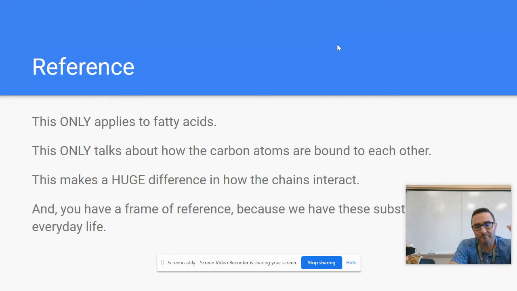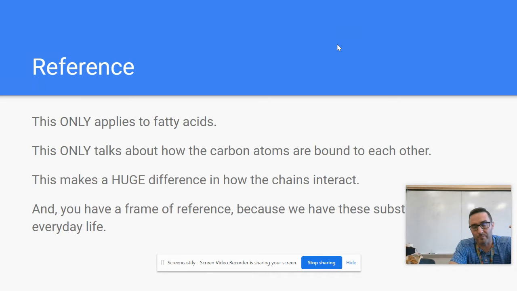When you're talking about saturated and unsaturated, this is going to make a big difference about how the carbon chains, when you get a triglyceride or a phospholipid, are able to interact with each other and what kind of characteristics it gives them.